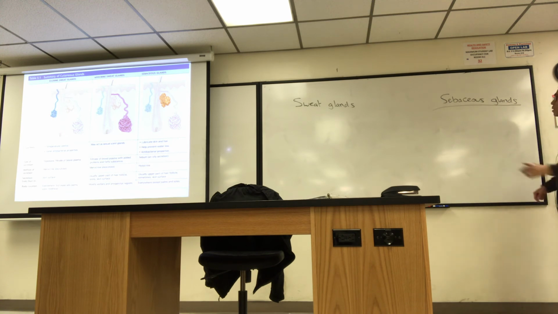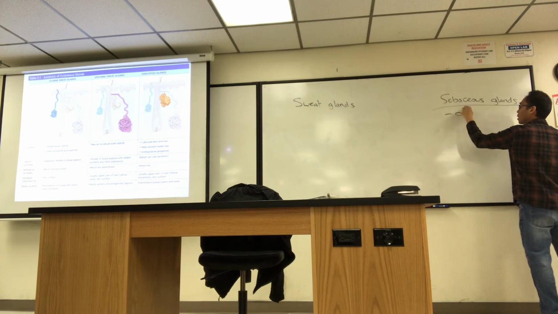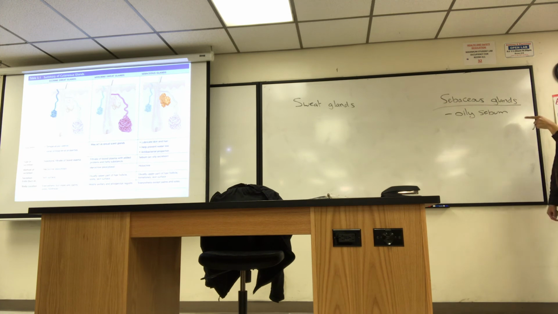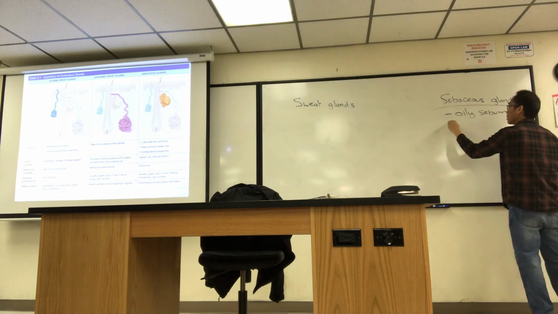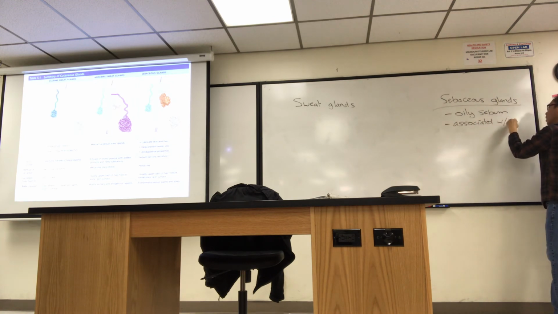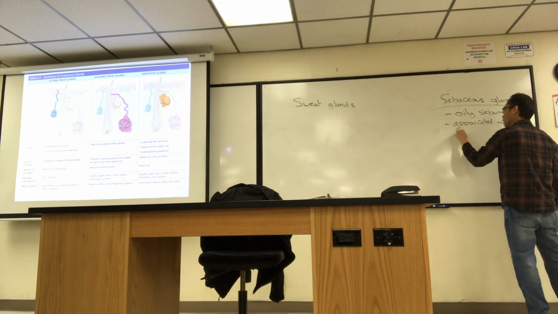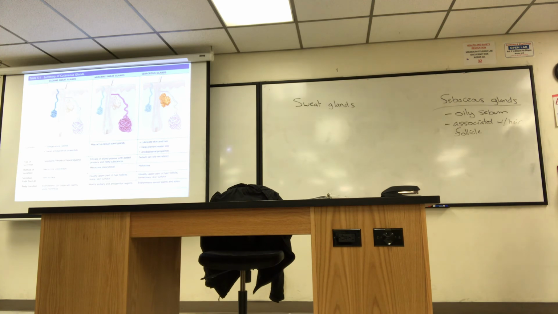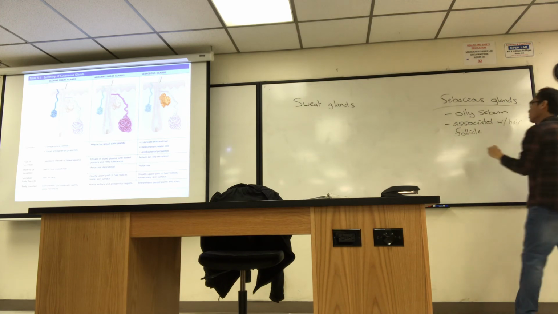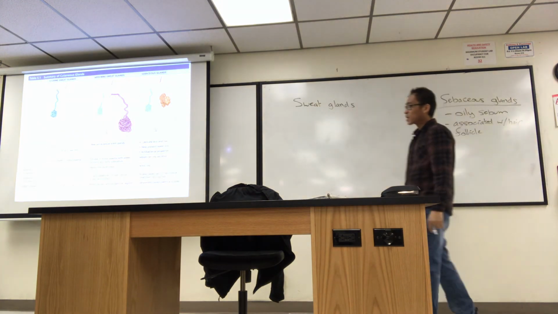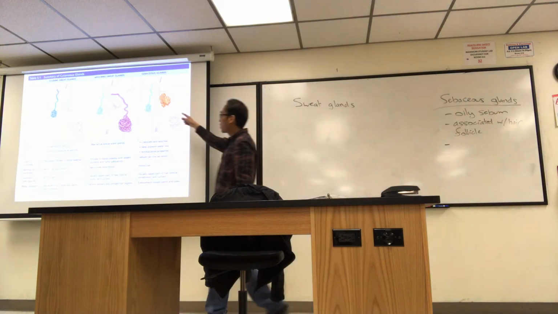It's a sebum. Oily sebum. It's associated with the hair follicle. That's what the picture on the right shows you. I think that's all I'll say. We already talked about the hair follicle receptors, but I just want you to know the gland.